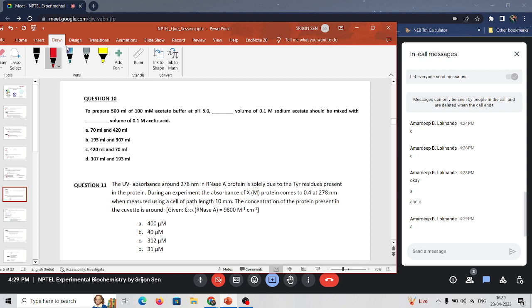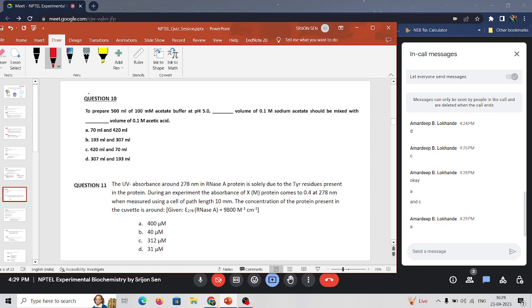Okay, the next question. This is another numerical problem. To prepare 500 ml of 100 millimolar acetate buffer at pH 5, dash volume of 0.1 molar sodium acetate should be mixed with dash volume of 0.1 molar acetic acid. So what is given? The volume has been given, the concentration has been given.